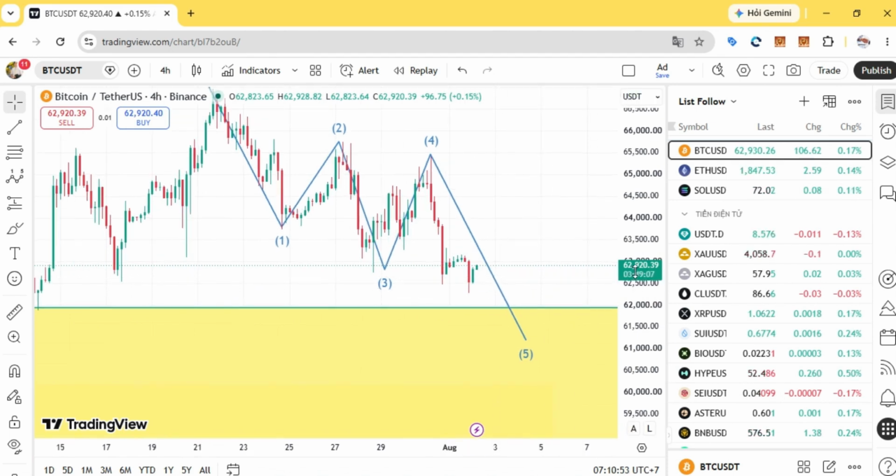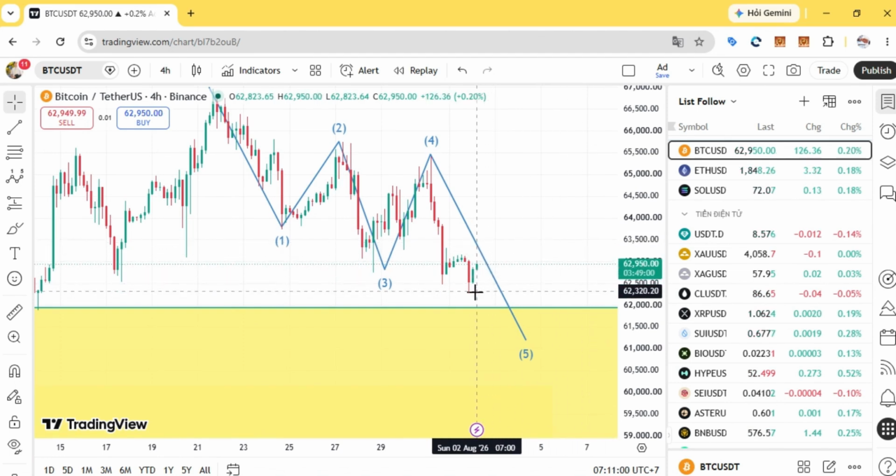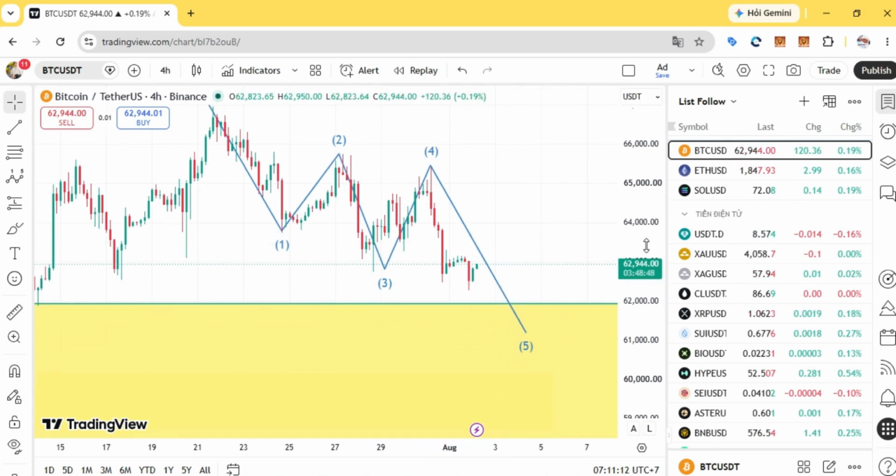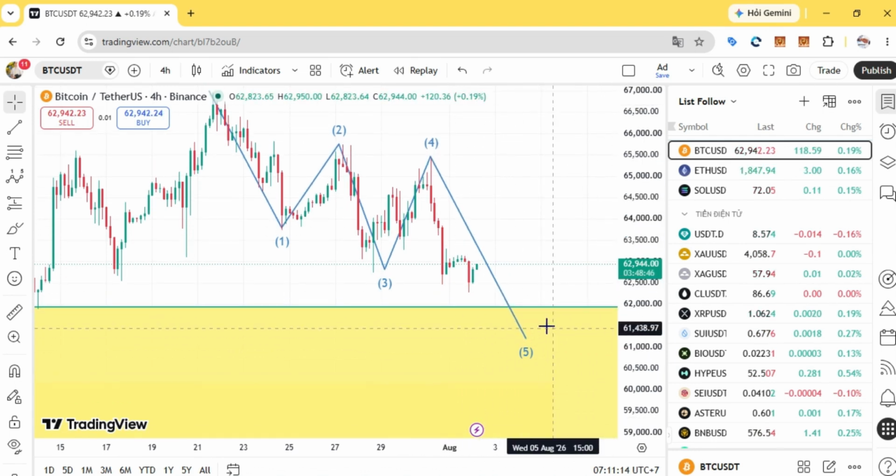And this morning, we saw that on the daily candle, BTC closed with a doji reversal candle. And I think that this still isn't the bottom for BTC in the 62K, 62.3K area, right? It's still not the bottom yet. I still expect that its bottom, if this wave 4 and 5 complete, should drop somewhere around 61.8K to 61K.